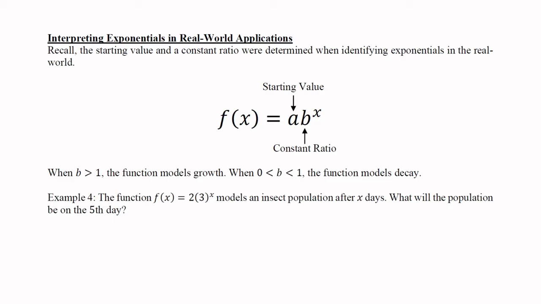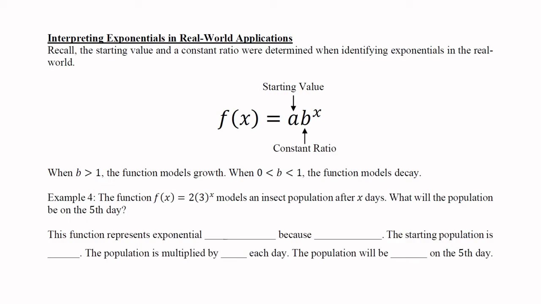So let's take a look at some examples where we delve a little bit deeper into the meaning of real-world functions. The function 2 times 3 to the x models an insect population after x days. What will the population be on the 5th day? So what you're going to do is fill in the blanks here to do a little bit of interpretation of this function.